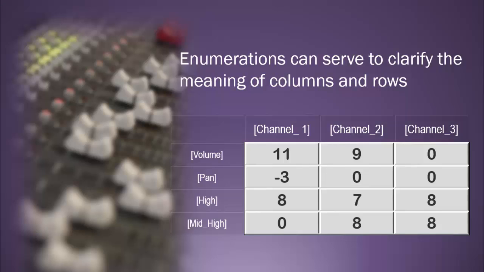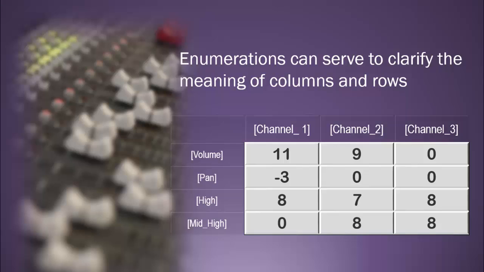So for example, if I look at channel 1, I can see that the volume currently on channel 1 is 11. So that must be the special Derek St. Hubbins mixing channel, because generally it would go from 0 to 10. I am panned a little bit to the left. You see that is a -3 value. My high frequency is set to, and so on across the board.